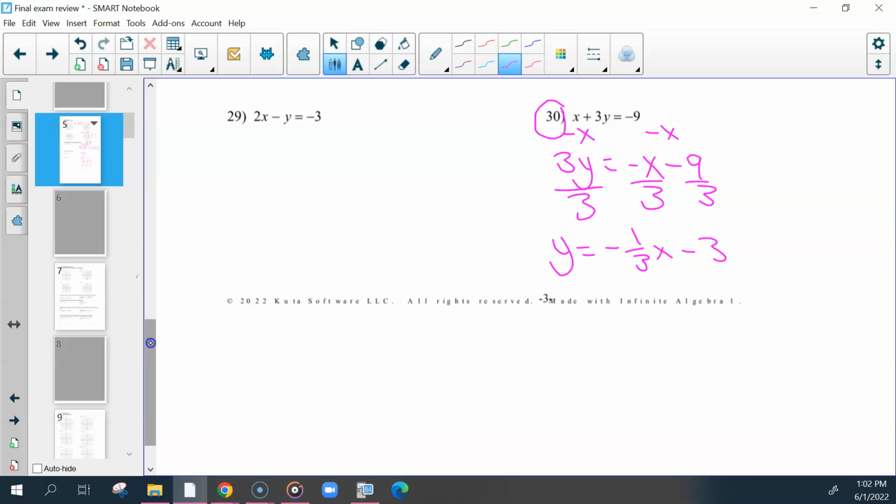However, that equation does not answer our question as to what the slope is. We still have to look at the 2 numbers and write out what our slope actually is, which is negative 1/3. Questions on 30?